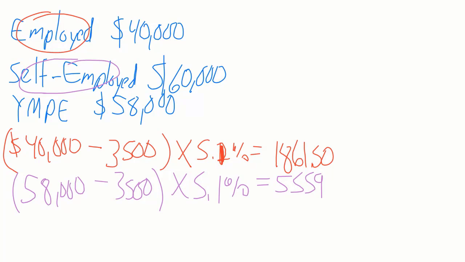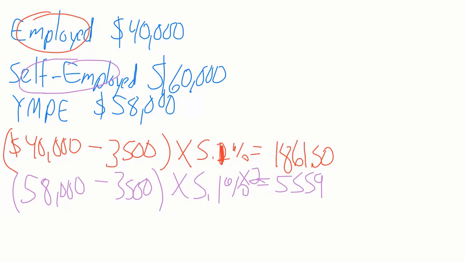Times 2, because they're self-employed. So they have to do the 5.1% for themselves and the 5.1% for their employer. So that's why even though they're only making a little bit more money, they're contributing way more because they have to contribute for both sides.